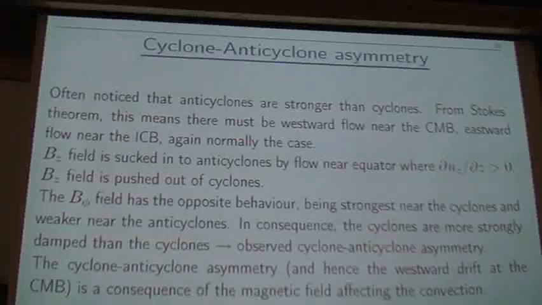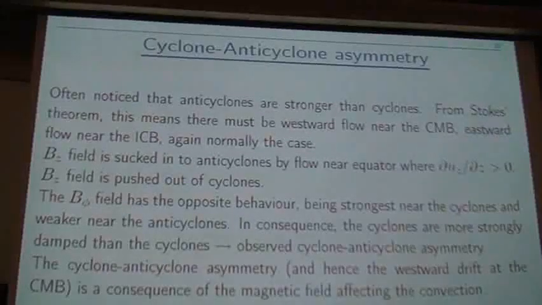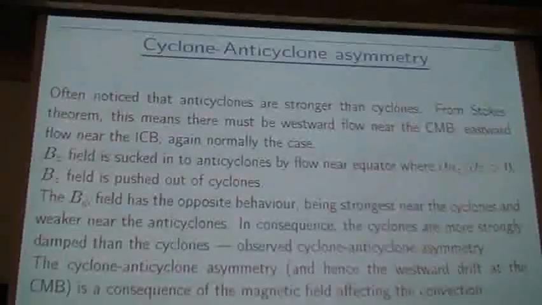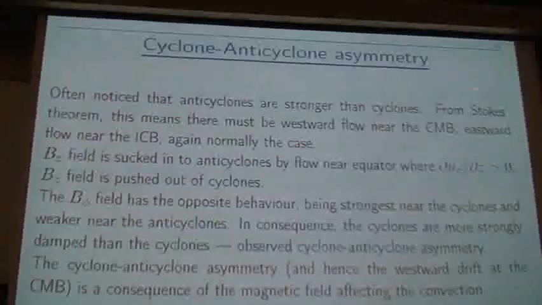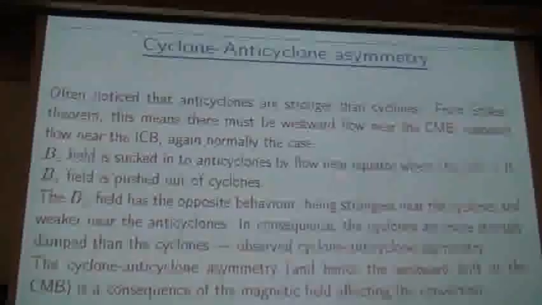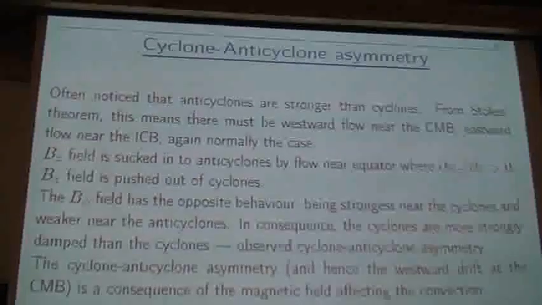And if that's the case, then you've just got to do a Stokes theorem integral around it, and of course that tells you that there must be net circulation, so the westward flow has got to be near the CMB, and there's got to be eastward flow near the ICB. So the mere fact that there's a preponderance of anticyclones over cyclones immediately tells you from Stokes' theorem that the field is going to drift westward, and it does in most of these simulations.